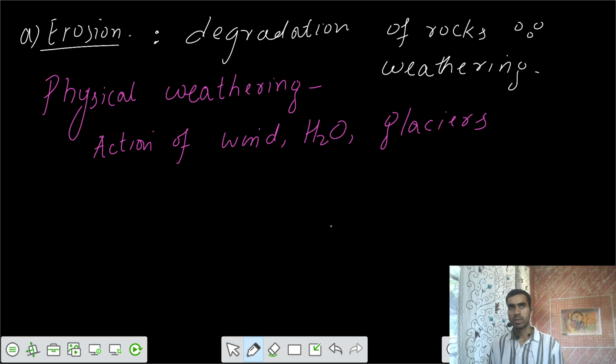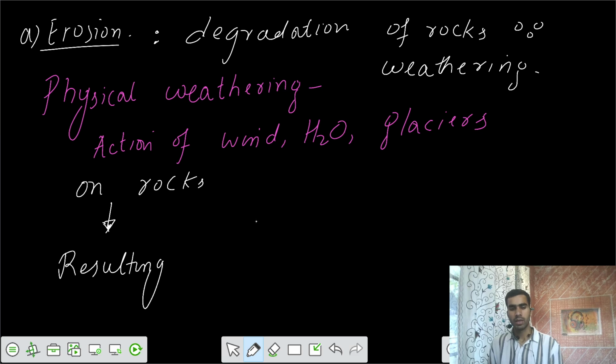And what is the resultant of the action of wind, water, and glaciers on the rocks? The resultant particles are there because it is a physical phenomenon.